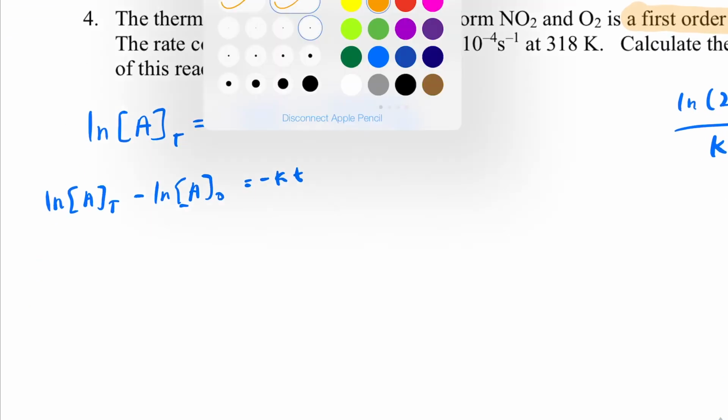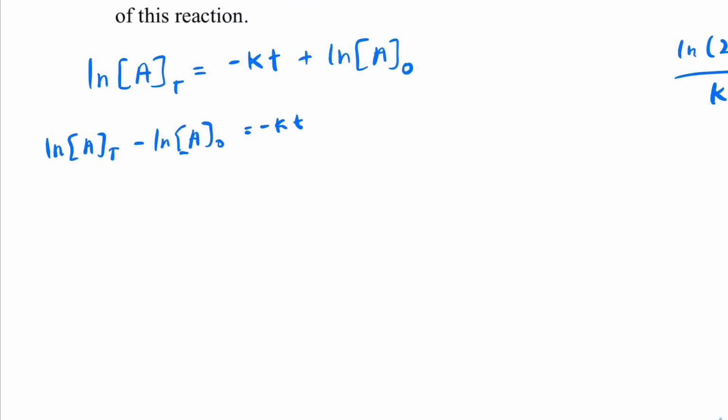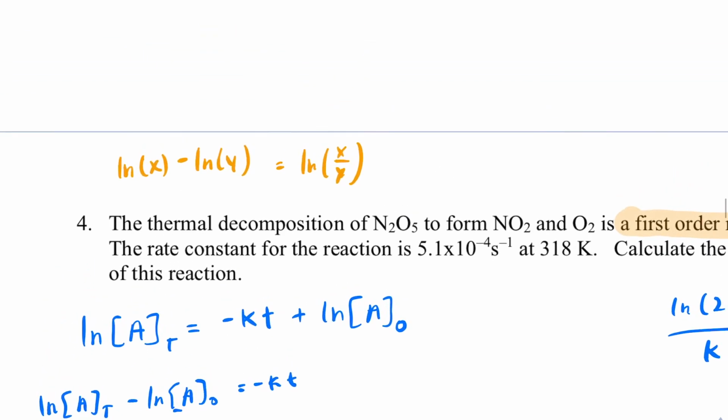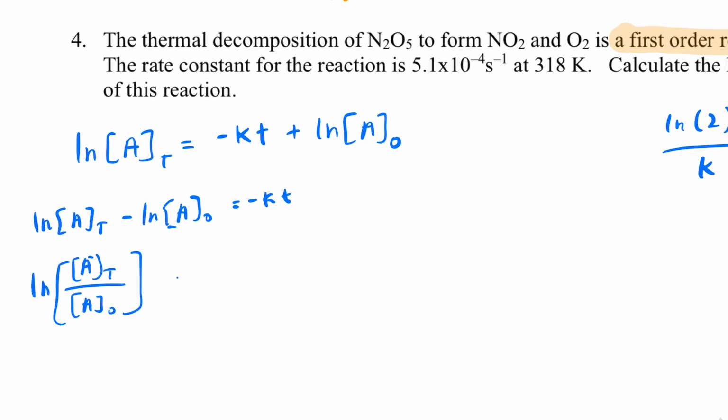So the natural log of A minus that must then be the natural log of A at time t, let me give myself a little more space, it's kind of ugly, over A initial. And that's just using that rule that I said earlier. Okay, that's equal to minus kt.